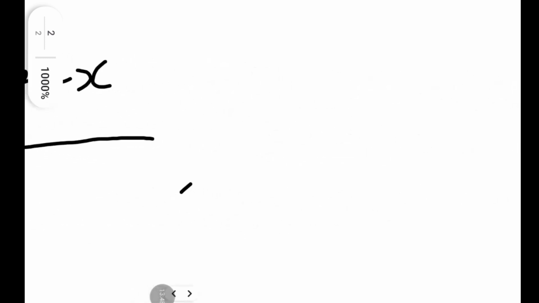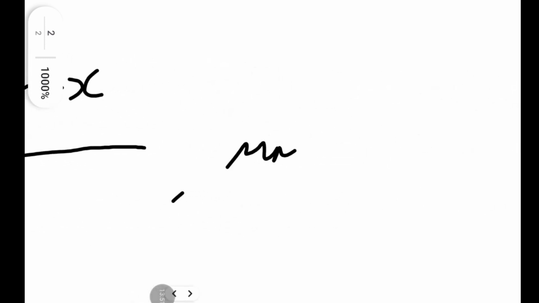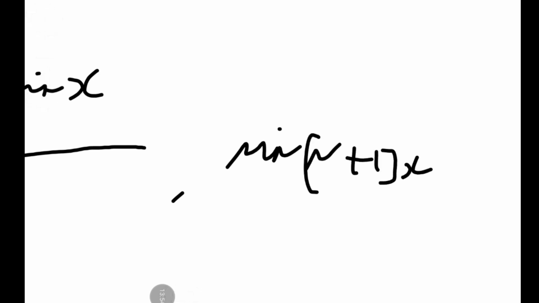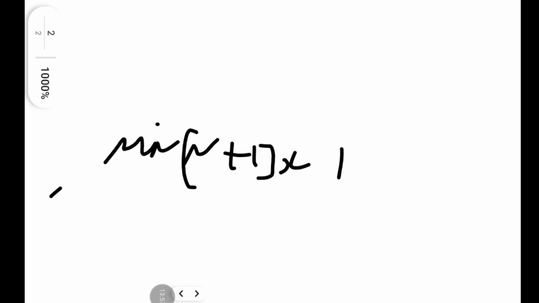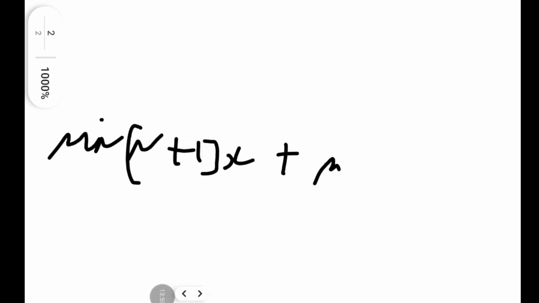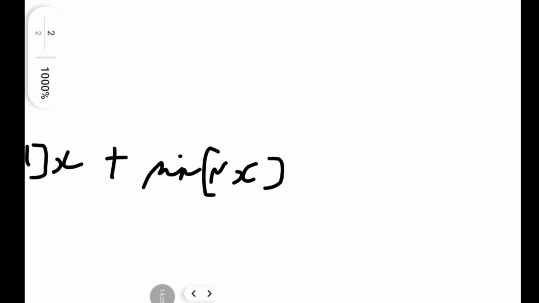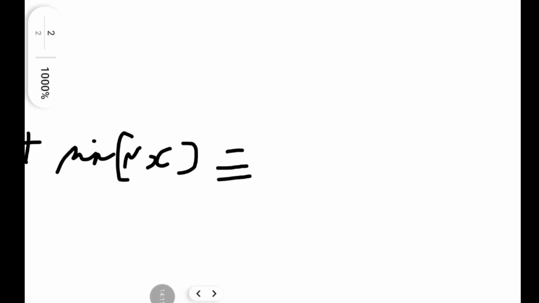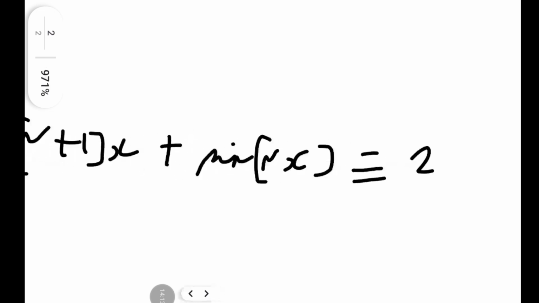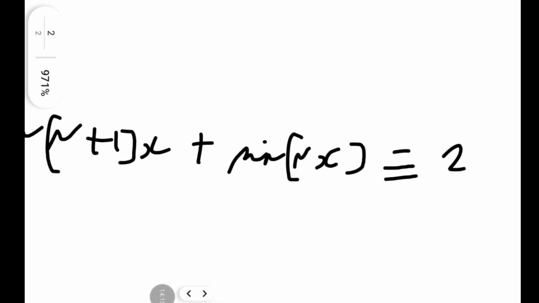And basically, we know sine of (n plus 1)x plus sine of nx, like this, is identical to, and we add them up, 2 sine of, now n plus 1 plus n is going to be 2n plus 1.